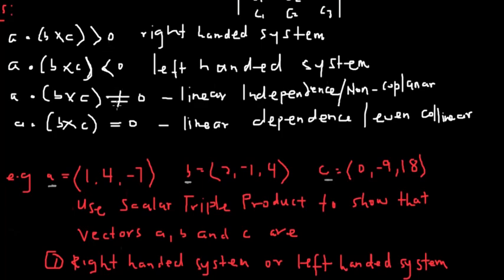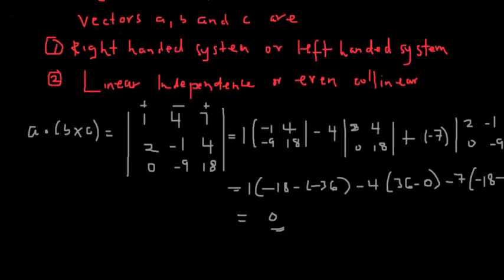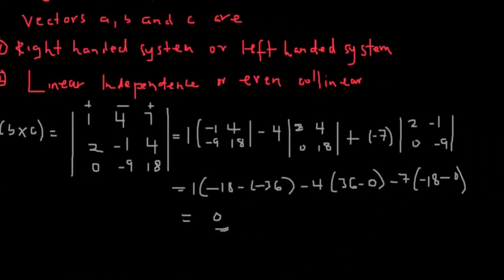When it's not equal to 0, it means linear independence, and when it's equal to 0, it's linear dependence or even collinear.